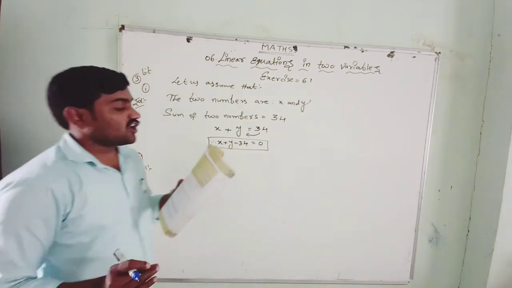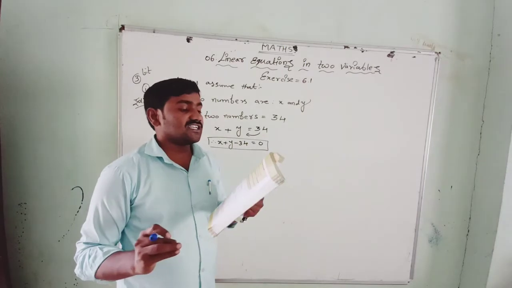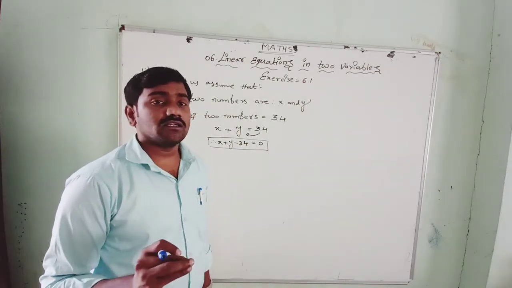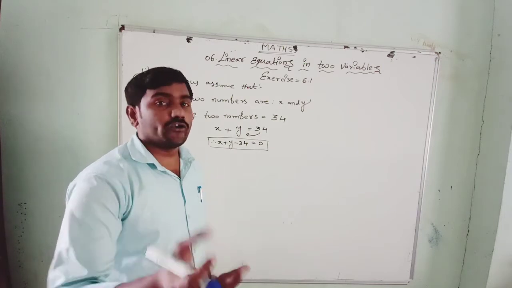See that the cost of a ball pen is 5 rupees less than half of the cost of a fountain pen. We don't know the cost of the ball pen, and we don't know the cost of the fountain pen either, but it is given that the cost of the ball pen is 5 rupees less than half the cost of the fountain pen.